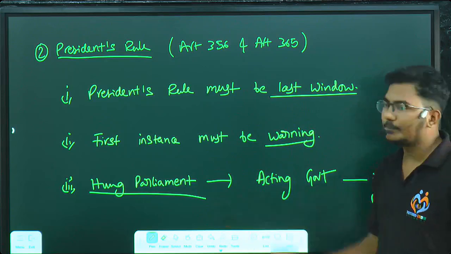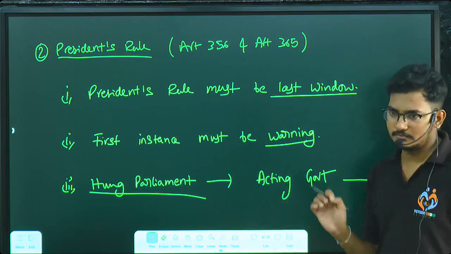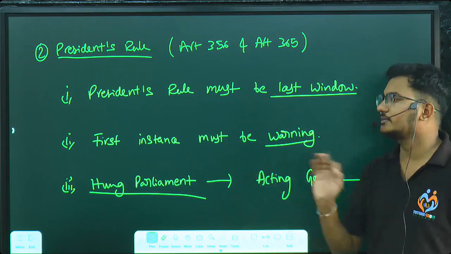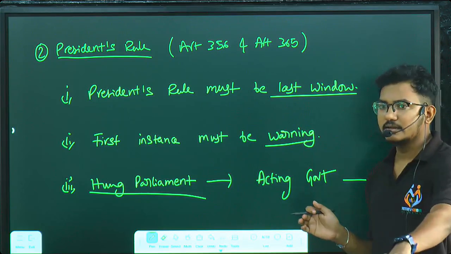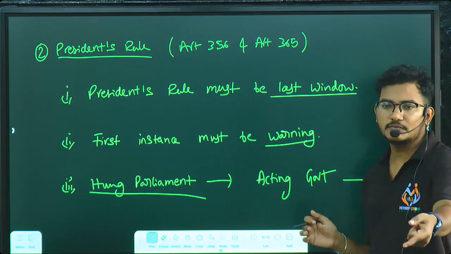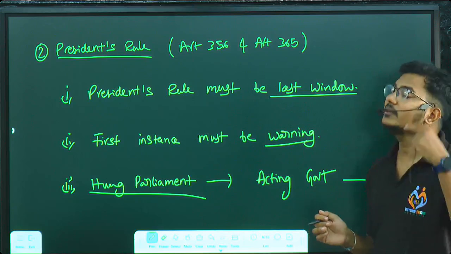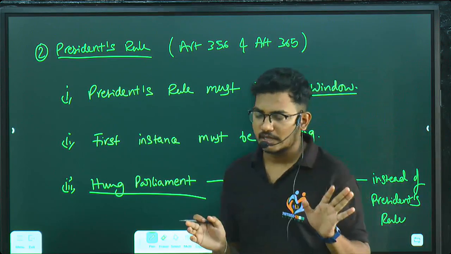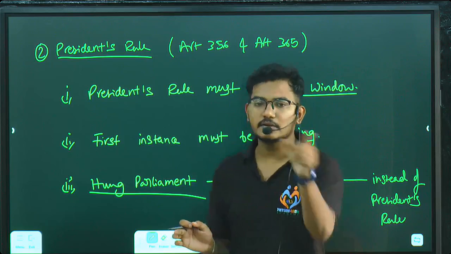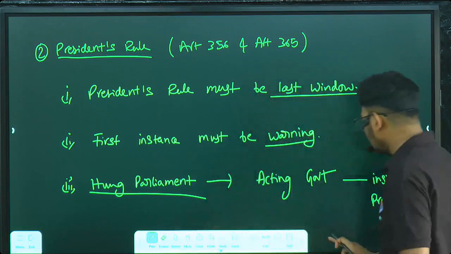In case of a hung parliament, an acting government must be formed. Instead of president's rule, pick someone from the state legislature and give them an opportunity to form an acting government, and then give them some specific time to prove their majority on the floor. If they fail to do so, then you can implement president's rule.